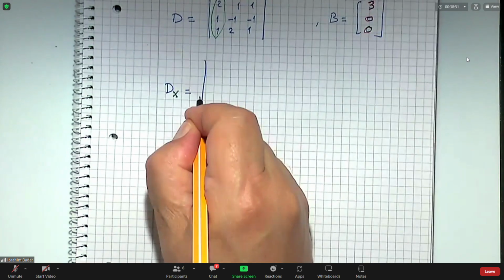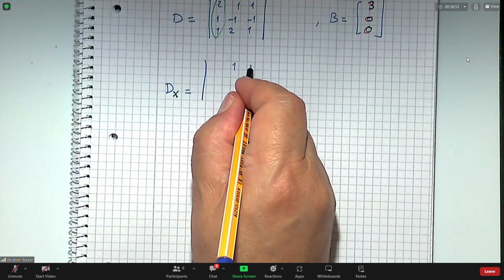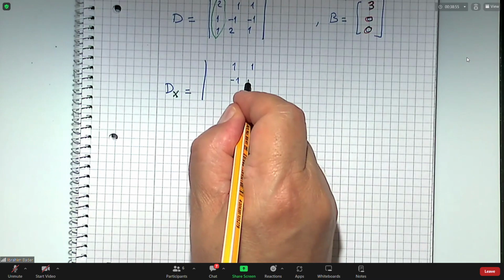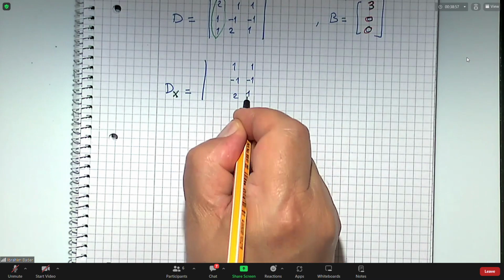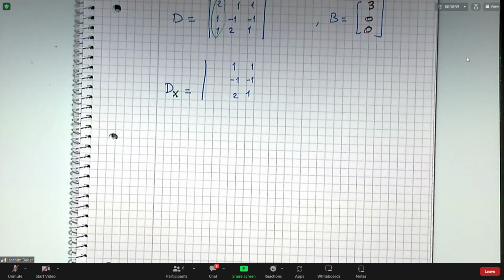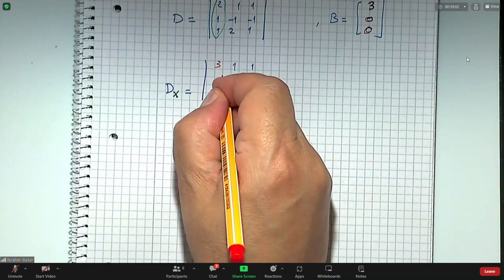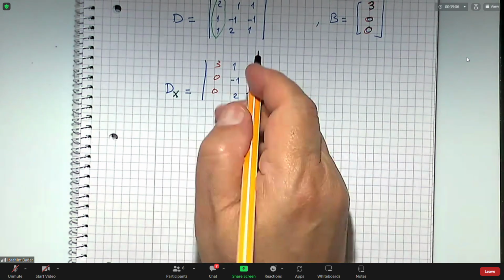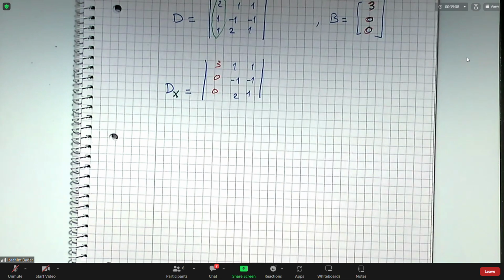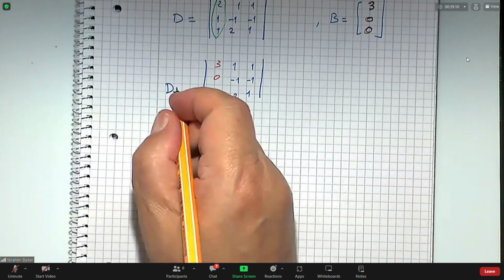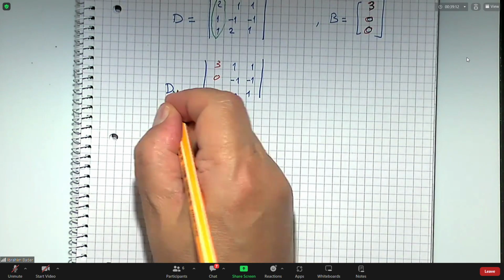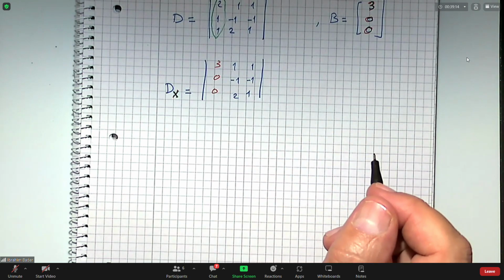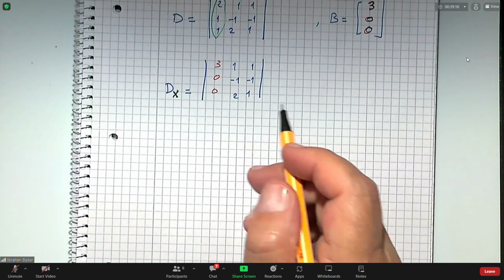The right-hand side. So here I have 1, 1, negative 1, negative 1, 2, and 1. And here the right-hand side, I have 3, 0, 0. And this determinant I call D sub X.